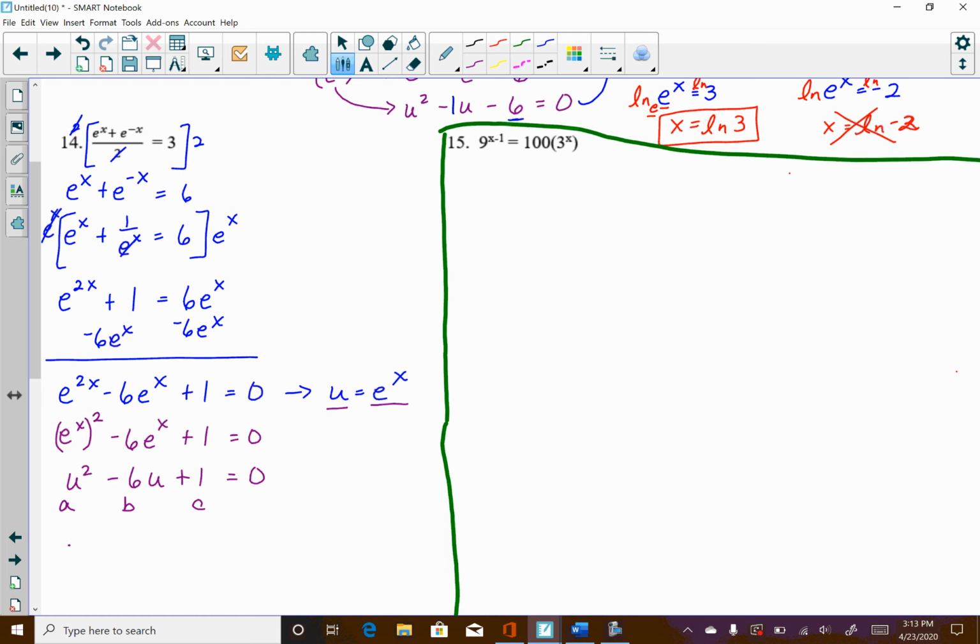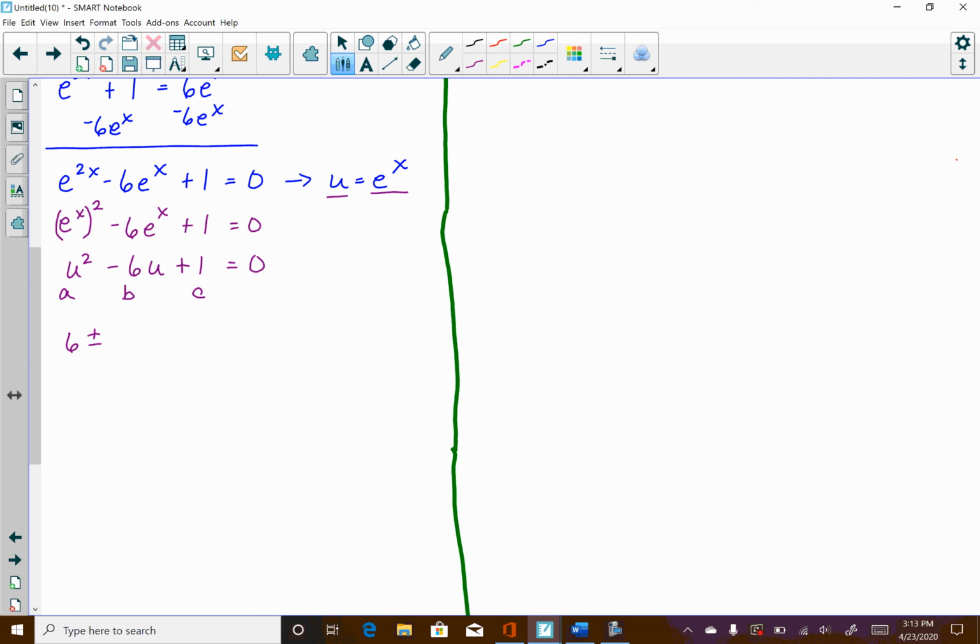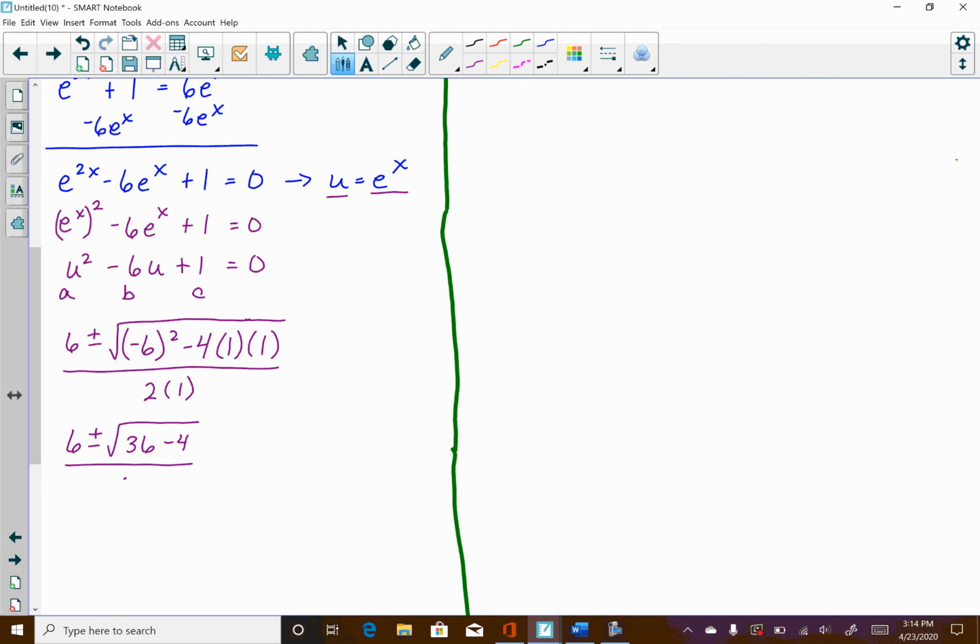So opposite b, so 6, plus or minus the square root of b squared, so negative 6 squared, minus 4 times a times c, all over 2a.